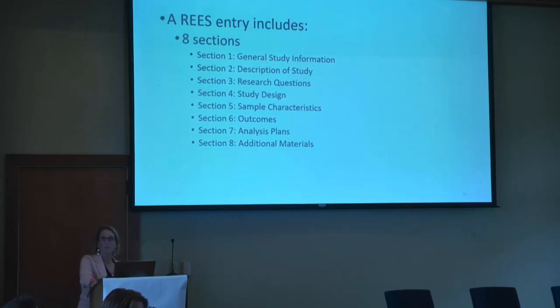So for example, the research questions, we have folks delineate between your confirmatory questions and your exploratory questions. And actually, we then just pursue additional information on their confirmatory questions. As you'll see in a minute, we ask very specific information about study design, and this is where we really try to get into using common language across entries.